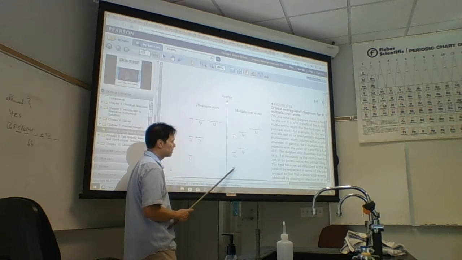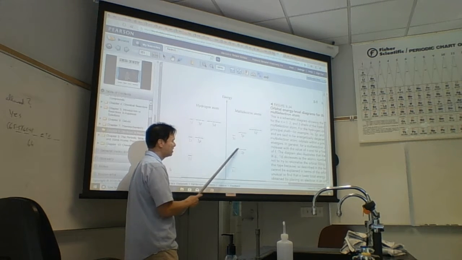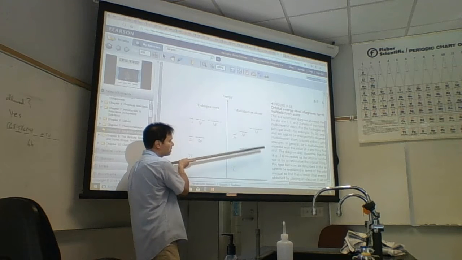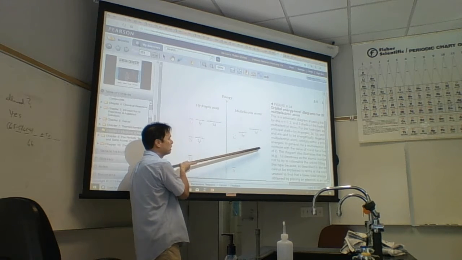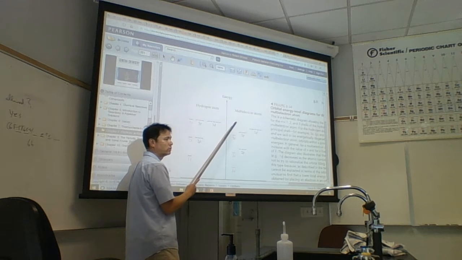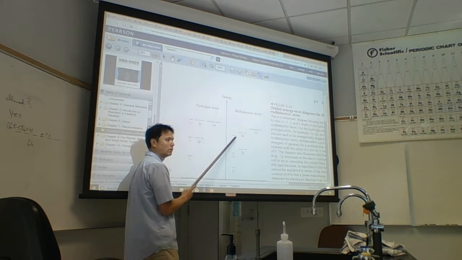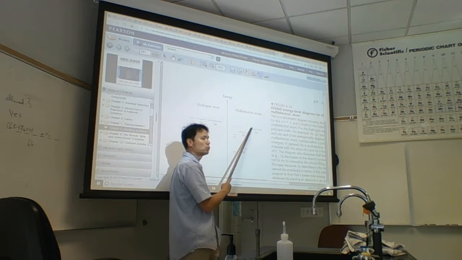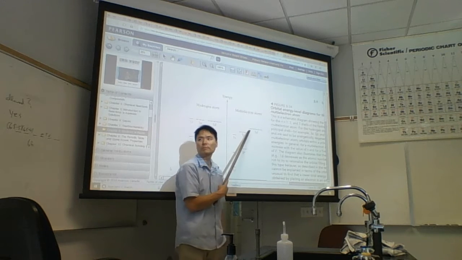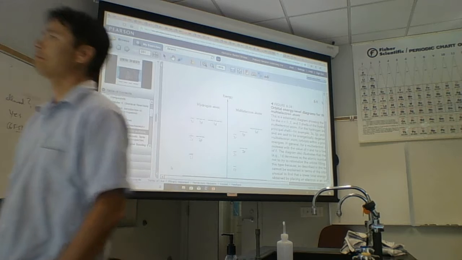So we got the 1s followed by the 2s and 2p. Do you see the 2s and 2p are kind of close in energy? So we got the first shell, we got the second shell, we got the third shell, although this is tricky because they don't show enough. The third shell really consists of just the 3s and 3p; the 3d actually gets pushed into the fourth shell. So this drawing's not detailed enough in Chem 1A.